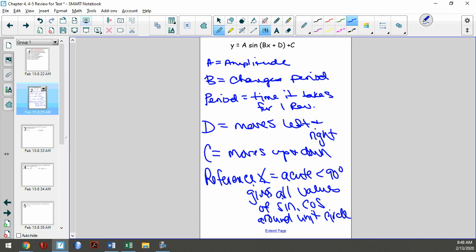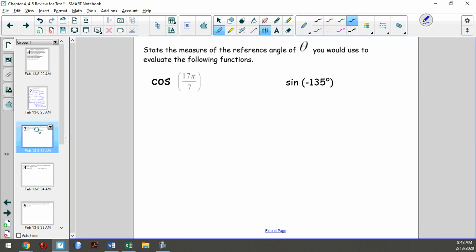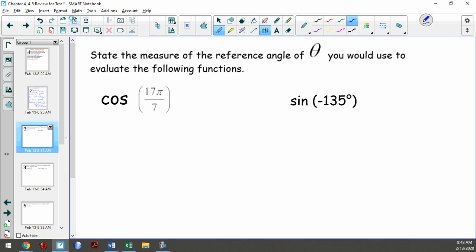Okay, so the next thing your brain needs to be able to do is to state the measure of the reference angle of theta you would use to evaluate the following function. So how would I find the reference angle of 17 pi over 7? I just want the reference angle. Well, 17 pi over 7, I need to find where that's at, right? So that's going to be 7 pi over 7. That's going to be 14 pi over 7.